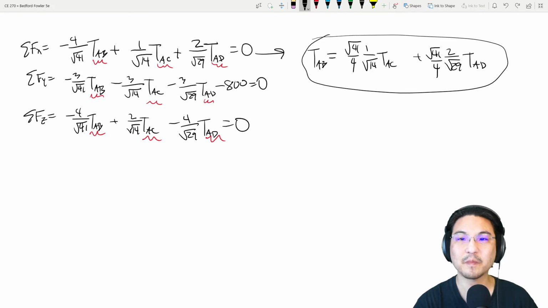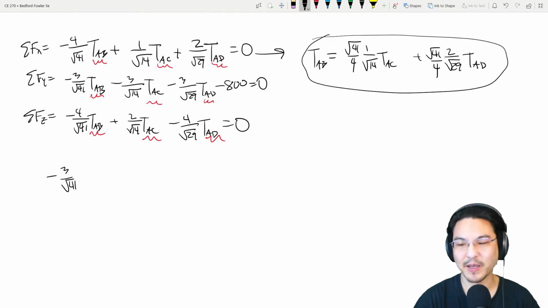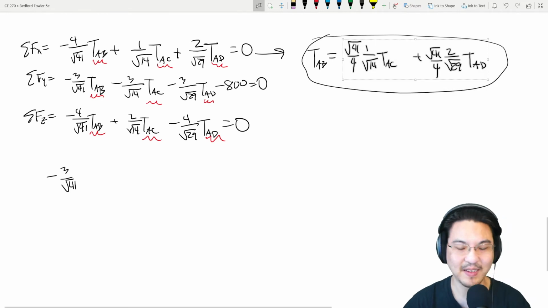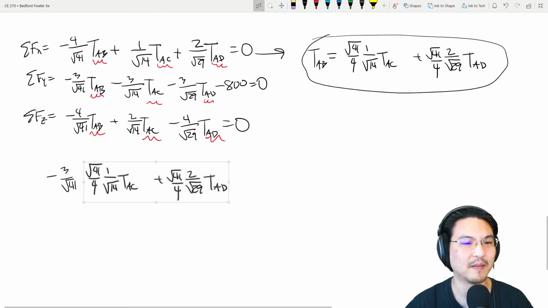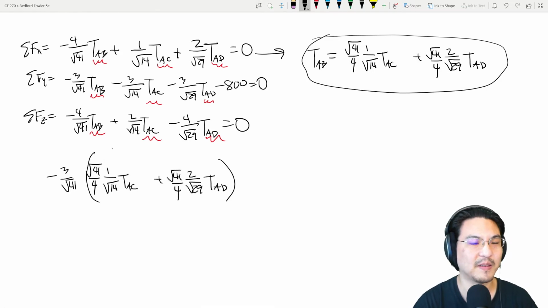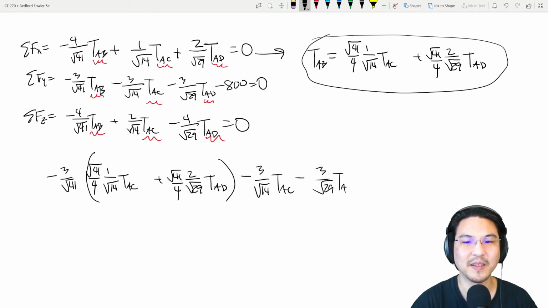Okay, so let me do that. Let me do this one first. So right here, minus 3 over root 41 TAB. Since I'm on a computer, I'm going to copy and paste there. Okay, so that's minus 3 over root 41 TAB minus 3 over root 14 TAC minus 3 over root 29 TAD. Yeah, I'll just move that to the other side of the equation.